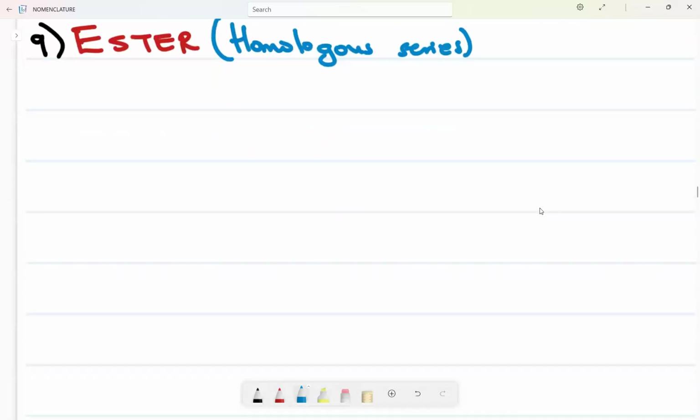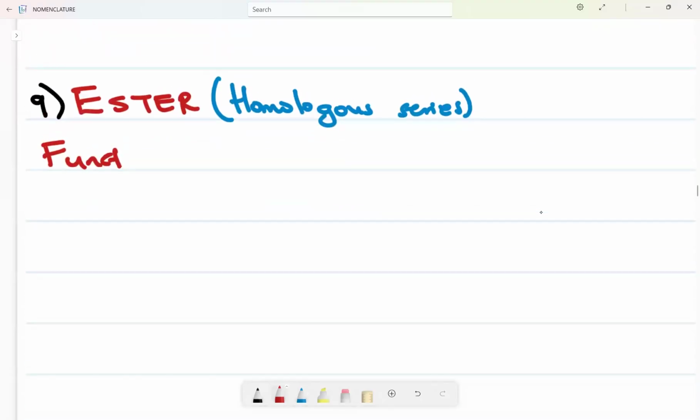What makes it different from carboxylic acid? Let's look at that. What makes it unique is that we still have COO, okay? C double bond O. But now in this case, the C double bond O that we're going to have is going to be like this.